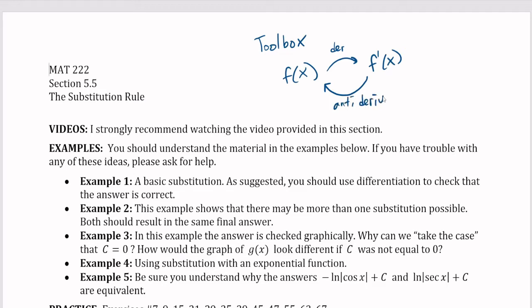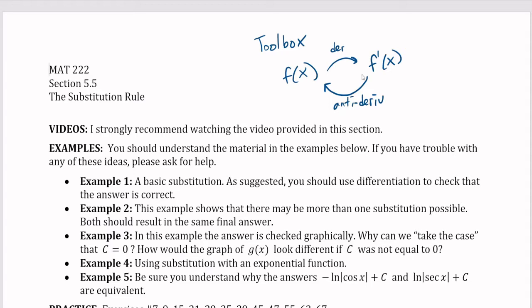Remember, they are opposites, they go backwards. You take the derivative to get to f prime, you take the antiderivative to get back to f. So just the fact that you know a bunch of these derivatives tells you a bunch of antiderivatives. You have this huge list of them that you already know, so that's a great start.